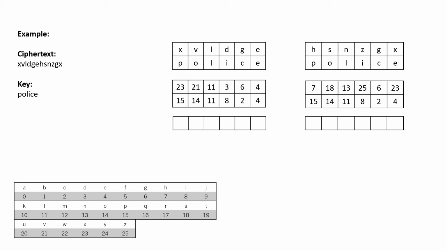The reason is that the Vigenère cipher is an instance of a symmetric crypto system. So that means that if we encrypt a certain plain text using a key, we have to be able to recover the same plain text using the encrypted ciphertext and the key.